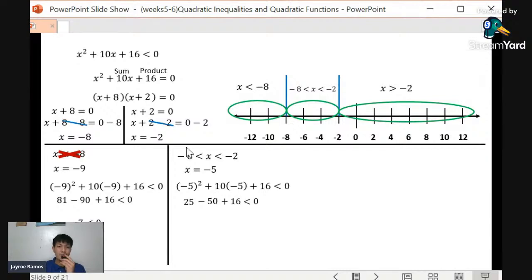Okay, so you try. Okay, ano po ang sagot dyan? 25 minus 50 plus 16. Ano po kayang sagot? So try to combine all the numbers. 25 minus 50 plus 16.